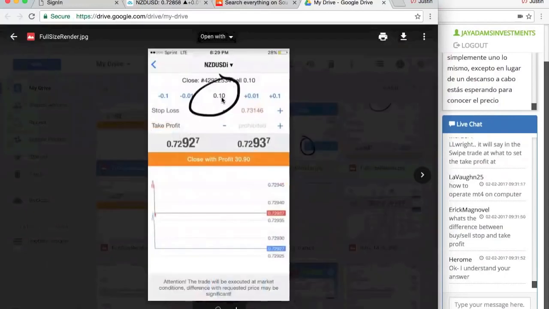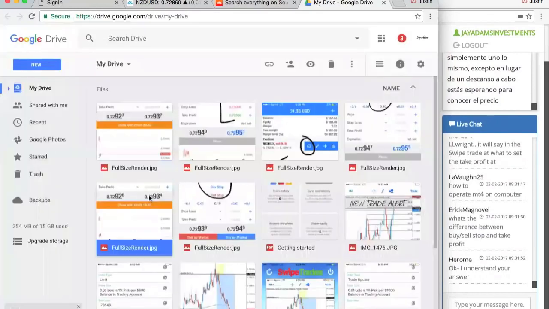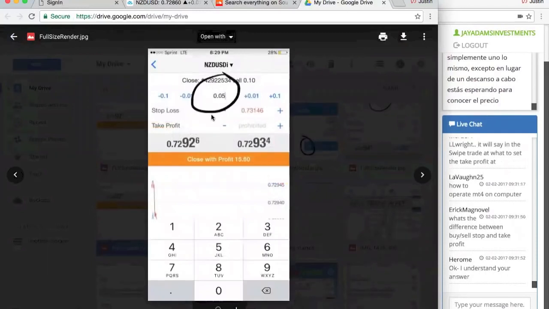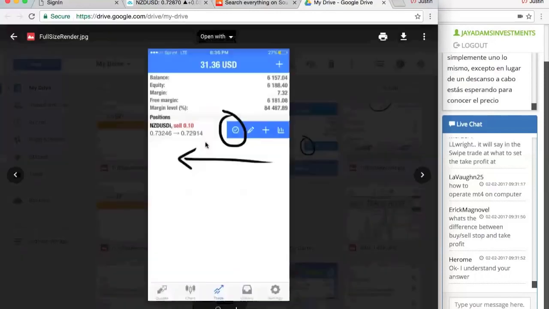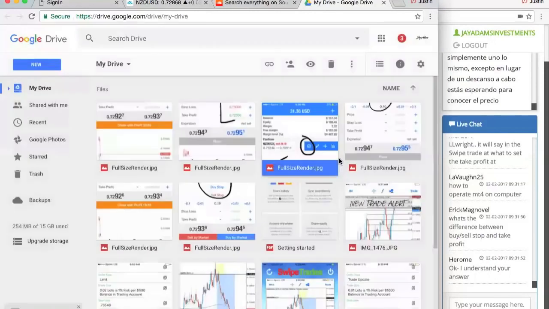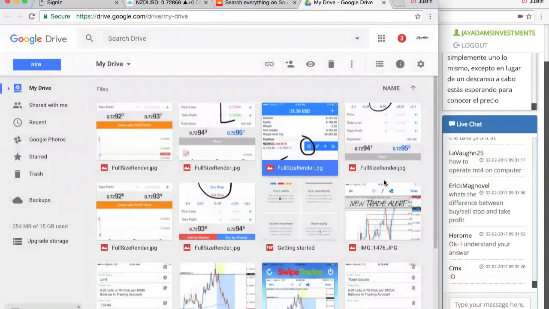In this screen, your lot size will be determined in the center where it's circled. So all you do is type in a lower position size and close half of the position with profit. Or you can do a 0.02, 0.08. It'll give you the amount that you can close right now and still have a position riding in the trade. So you're not out of it completely.